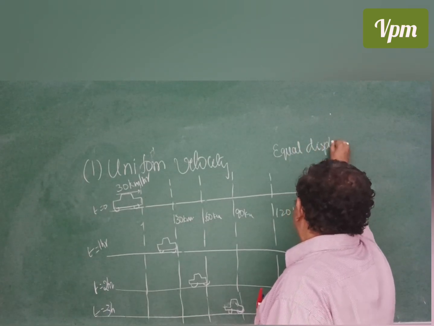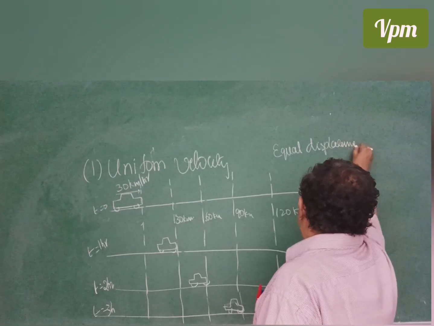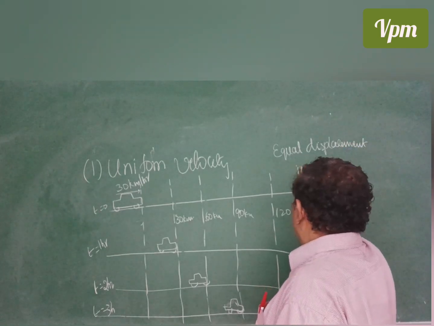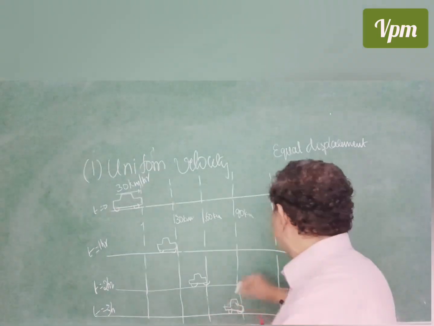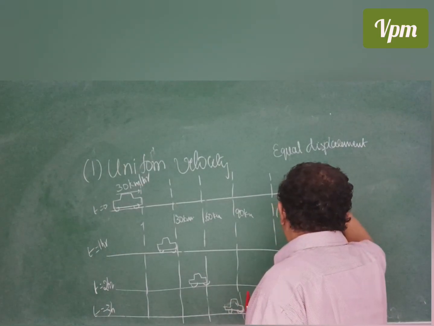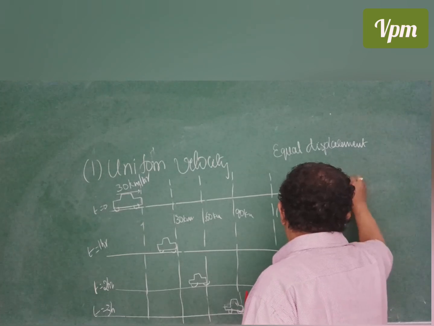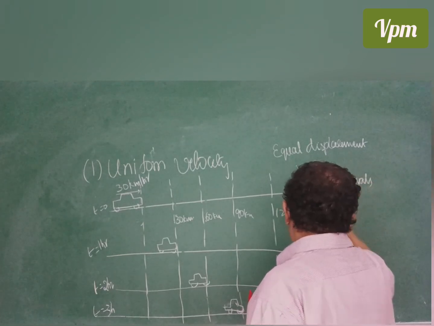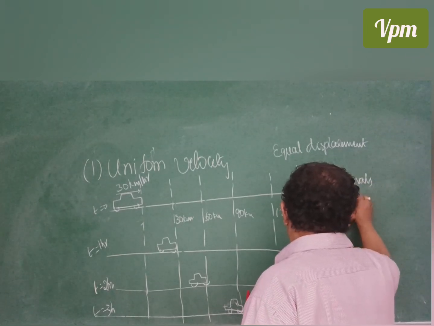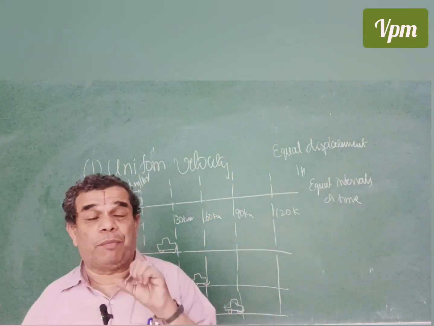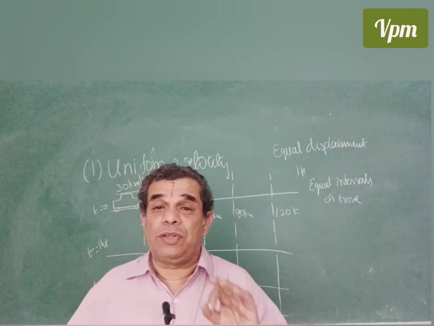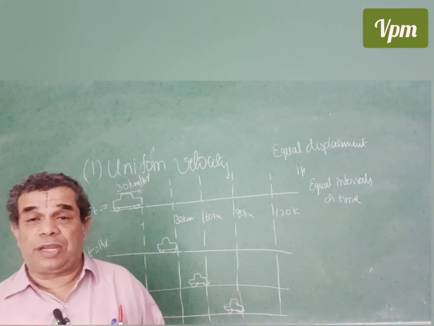Instead of writing equal displacement, I write: in equal intervals of time, here in our example 1 hour. So this is what we mean by uniform velocity.